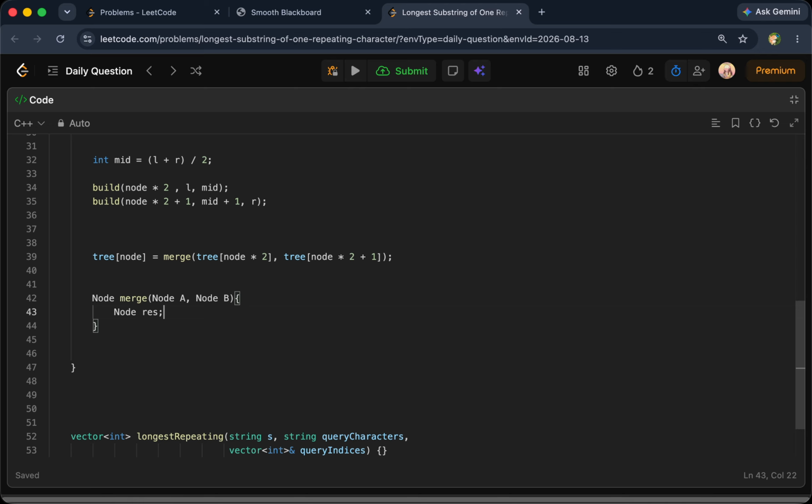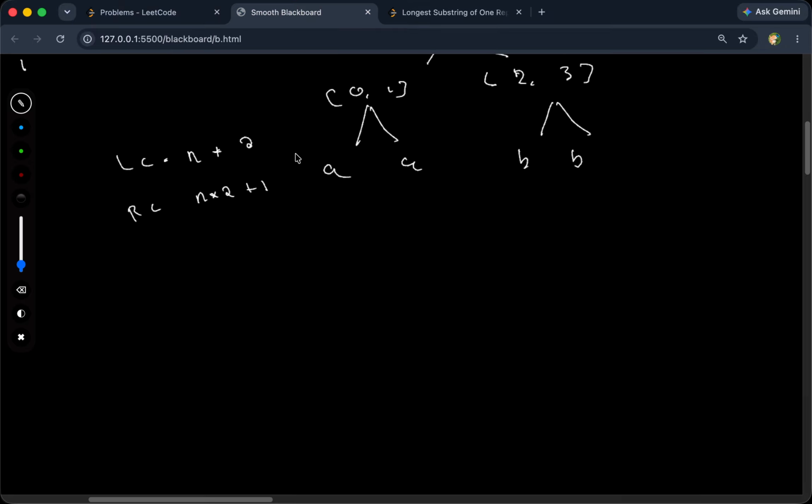Then we create a new node called res for the parent. So it looks like this: a is the left child, b is the right child, and res is the parent.